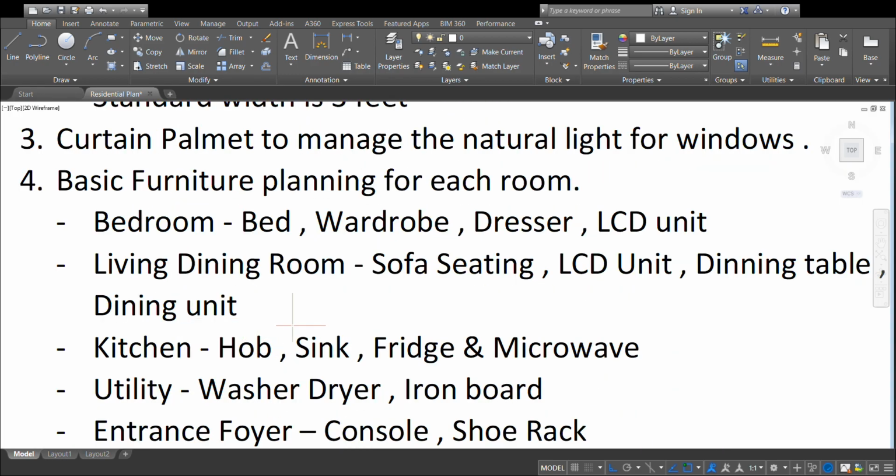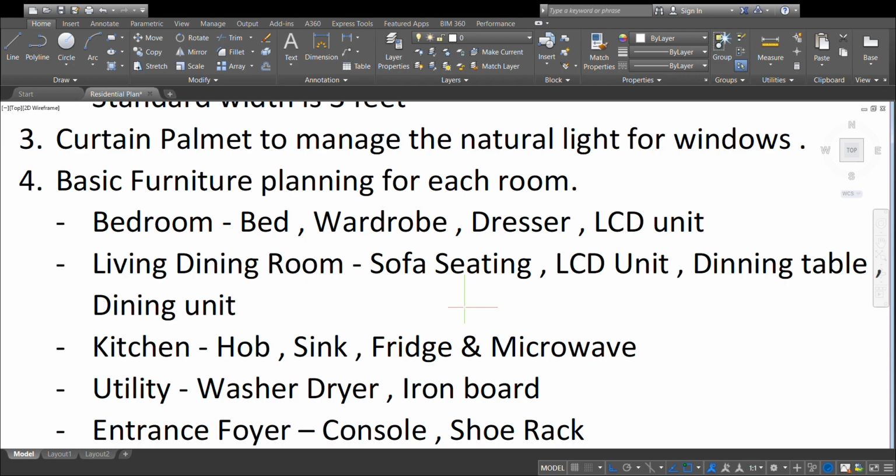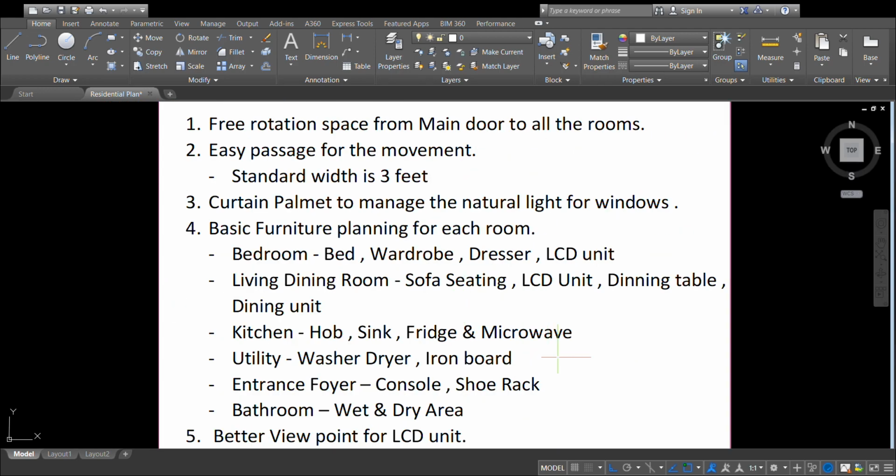Now if we go to living dining room, of course the sofa sitting. Sofa sitting is something basic that has to be there. Now how much sofa sitting you need to give, that again depends upon the space of the living room, number of people staying there.